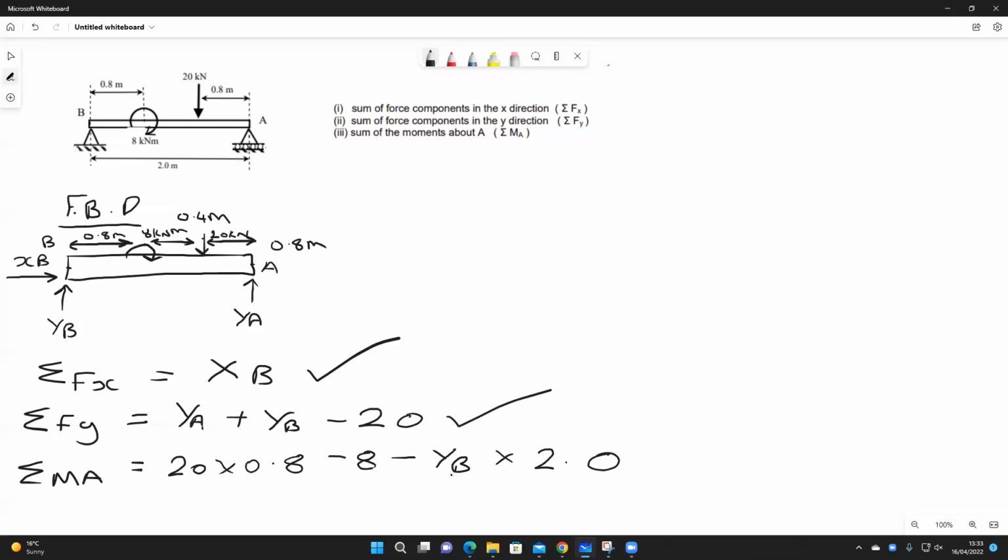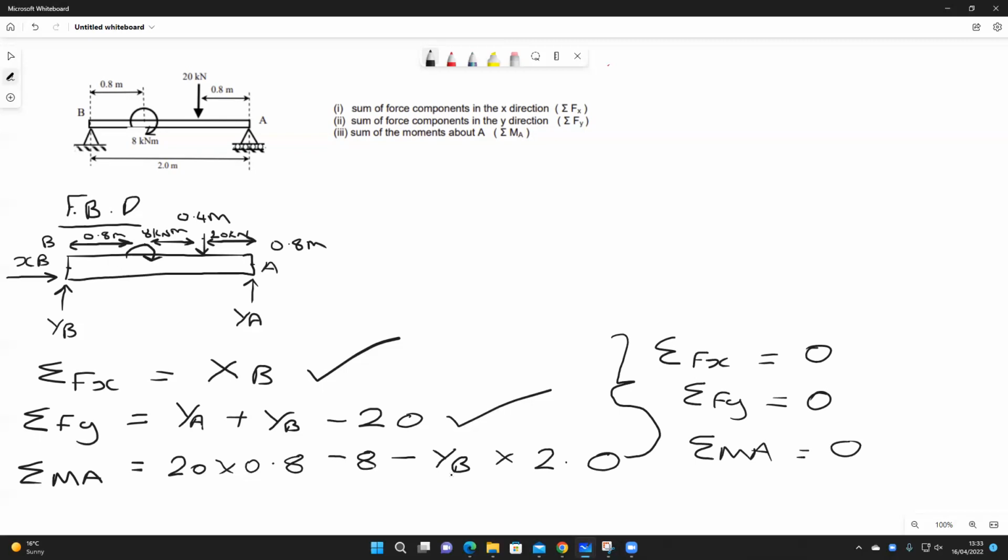Once we've got this, we would then be able to solve to work out the necessary parameters. We know for these particular questions that the sum of the forces in the x direction due to equilibrium would equal 0. The sum of the forces in the y direction would equal 0, and the sum of the moments about A would equal 0.